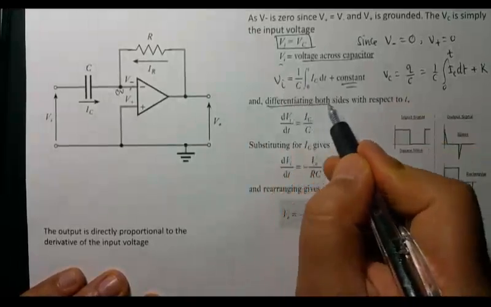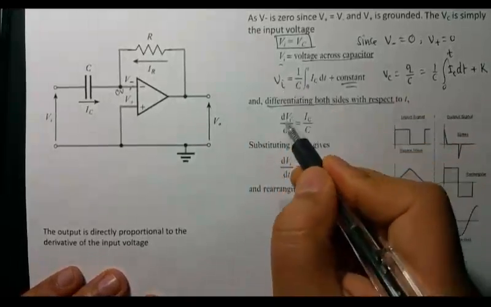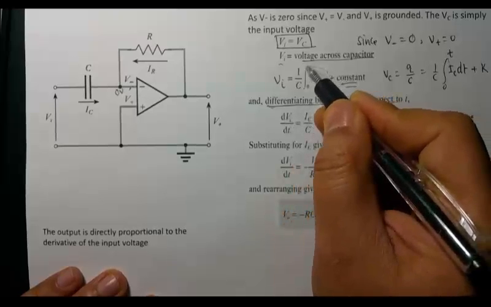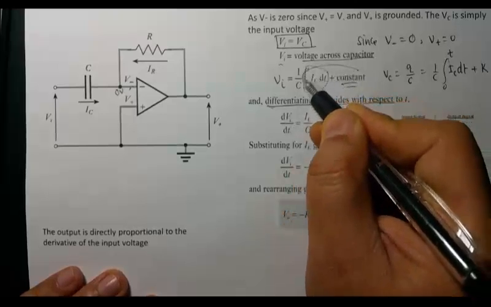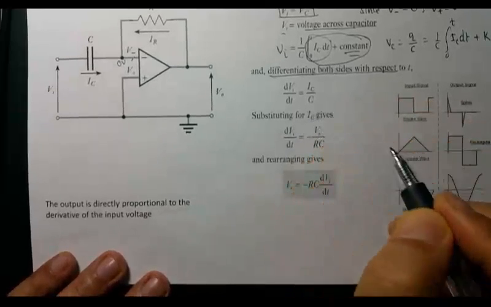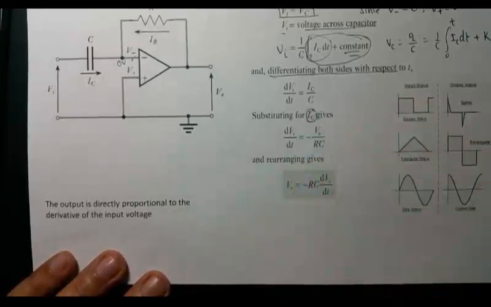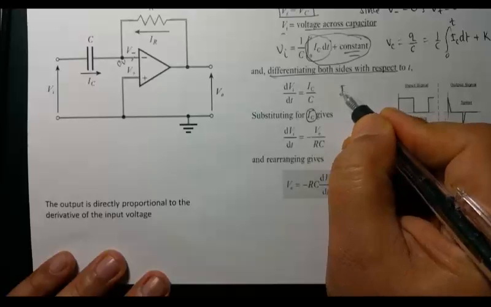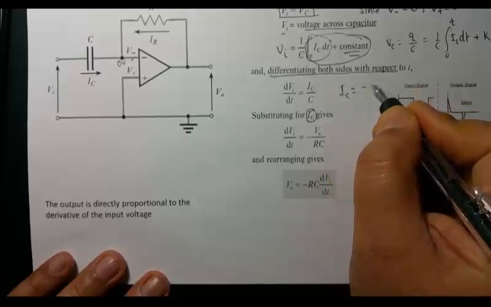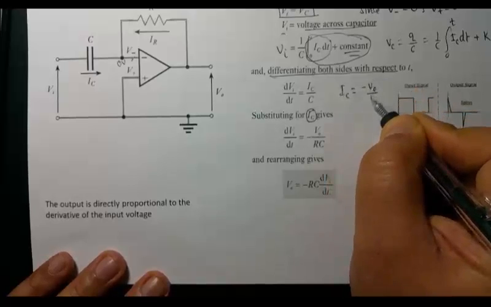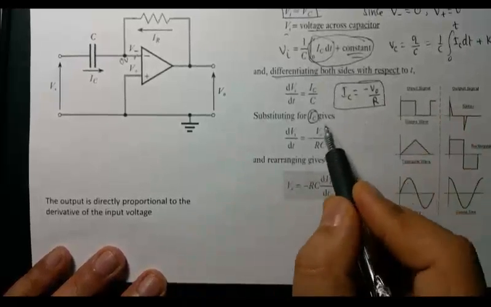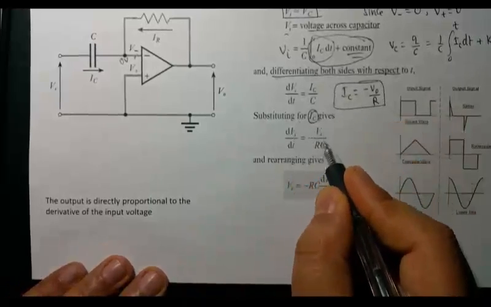And then just differentiate both sides with respect to time. That's going to give you dV over dt, and the integration gives you the total current, so it is just IC over C. Substituting the value of IC gives you this, because, remember from the previous part, IC is just negative V over R. Then just put it there.